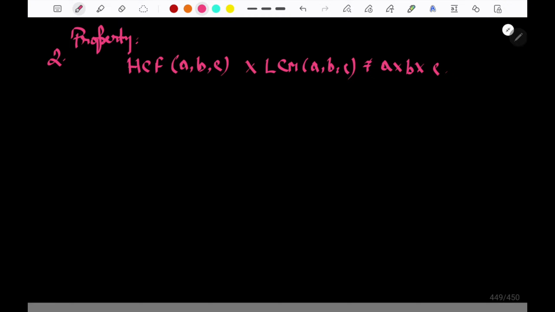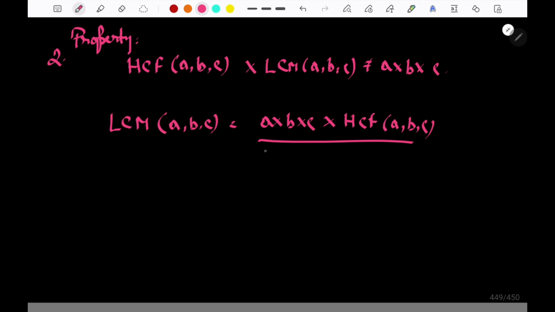But what is the relationship? LCM of a comma b comma c is equal to a into b into c into HCF of a comma b comma c divided by HCF of a comma b into HCF of b comma c into HCF of c comma a.